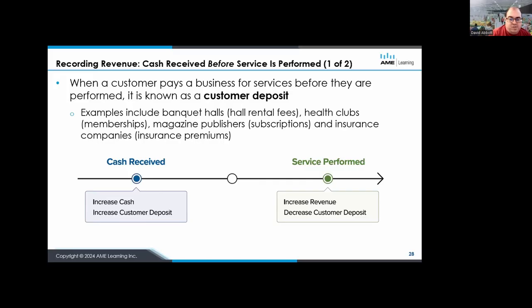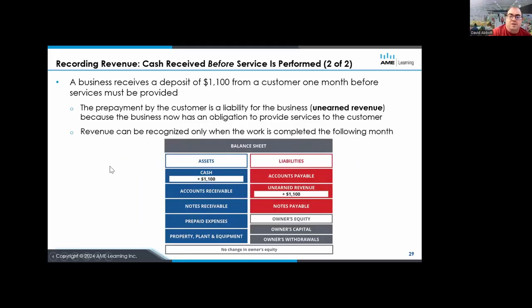And so the cash is received, which increases our cash. It also increases our customer deposit, which actually ends up creating a liability for us. And then once the service is performed, it increases our revenue and it decreases our customer deposit.